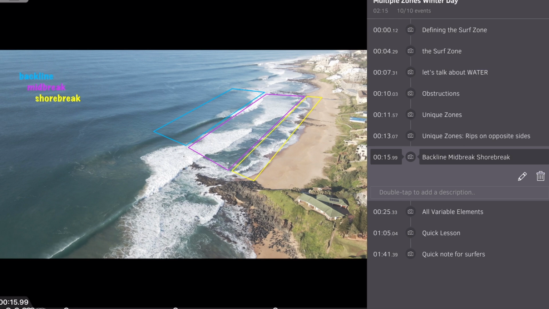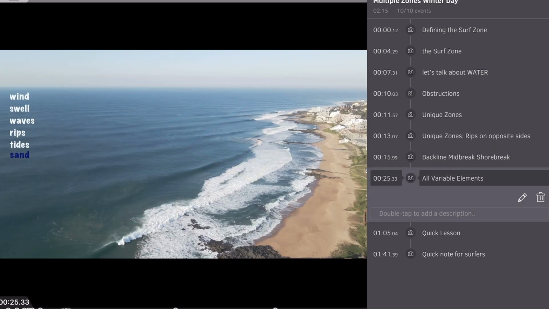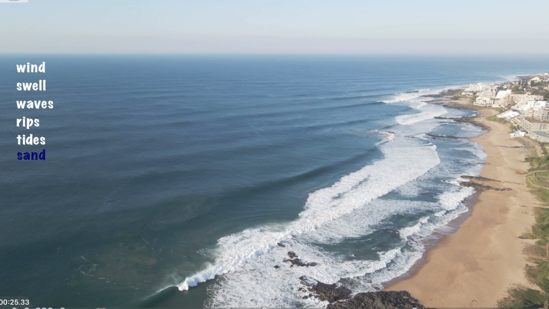Now remember, the surf zone is one unit. It is one big system, and it is constantly moving, constantly shifting, constantly changing, constantly being influenced by many variable elements of nature. And as discussed and highlighted in our course, those variable elements are wind, swell, waves, rips, and tides.